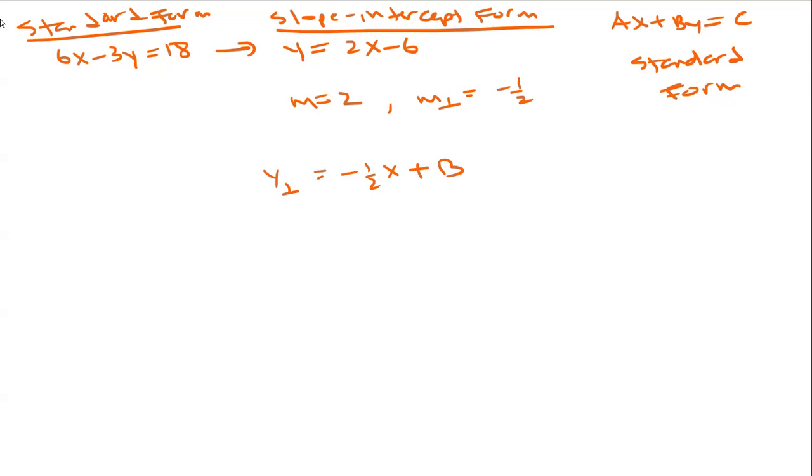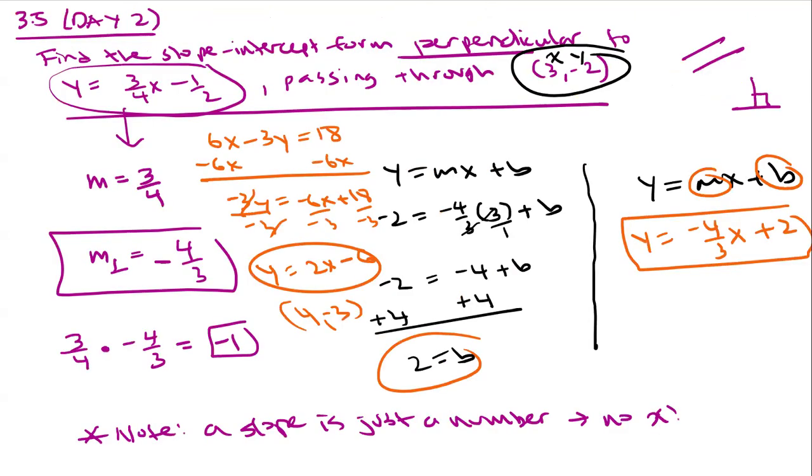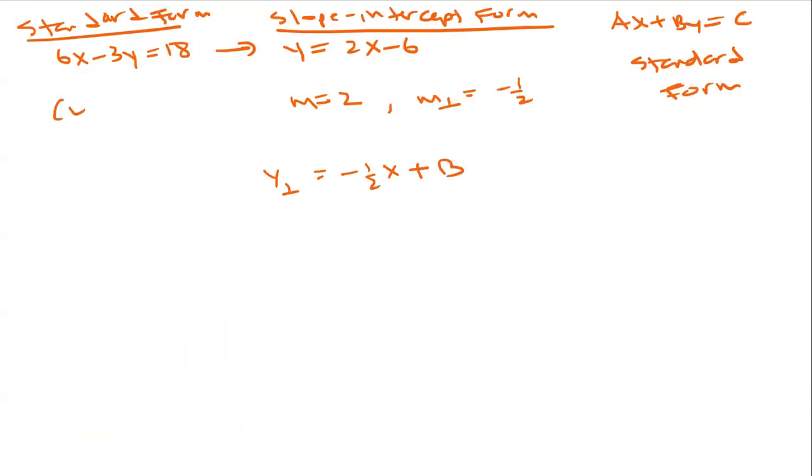And then now we just plug in the information that they gave us for our x and y, which was 4, -3. So here's our x and here's our y. So I'm going to put -3 in there. X is 4 and then plus b. Half of 4 we know is 2 and we have a negative there.